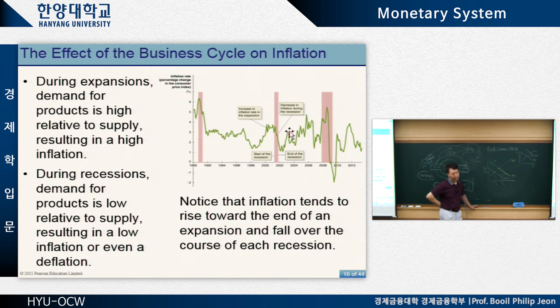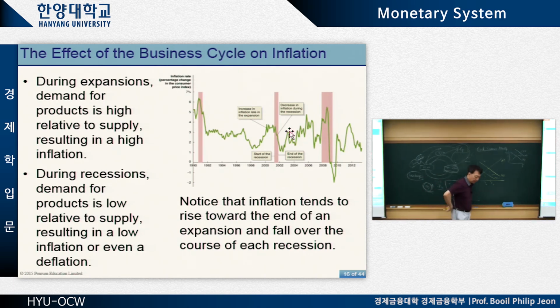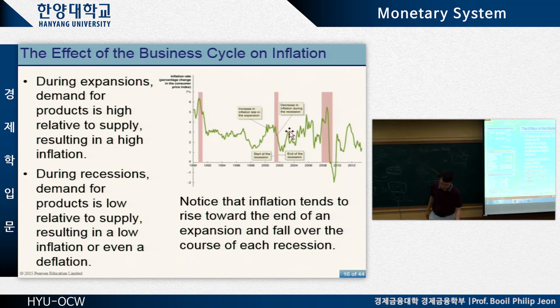So that means the inflation will be lower, right? Or in the extreme case, you can even have deflation instead of inflation. Price level actually goes down, right? Yeah. So either a slowing down of the inflation, or in the extreme case, you can even have deflation. Right? That's the idea.